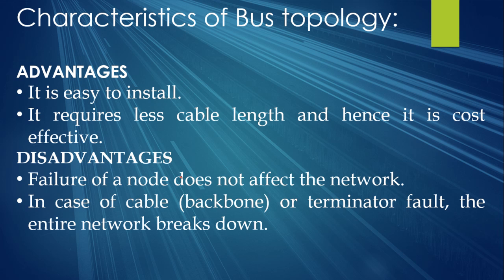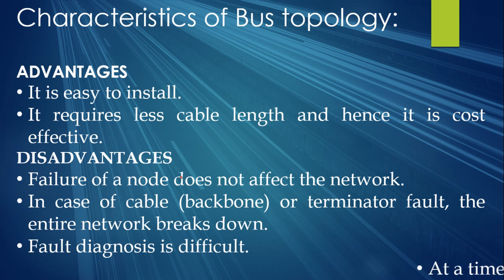Suppose the backbone cable is cut from anywhere, then the signal will not pass through that point. So if the backbone cable is faulty, the entire network breaks down. And fault diagnosis is very difficult in this type of cable. So these are some advantages and disadvantages related to the bus topology.